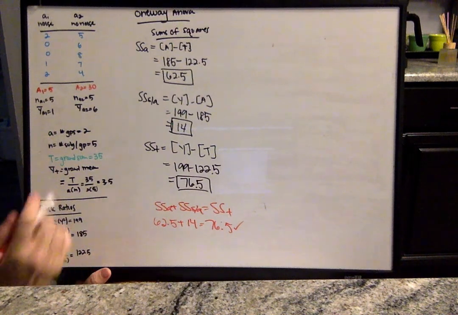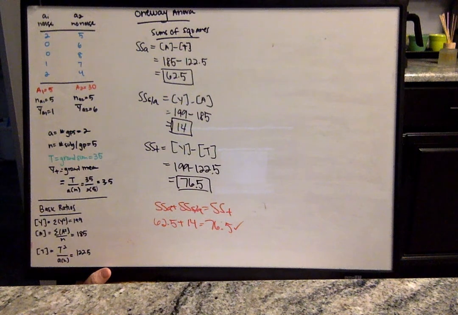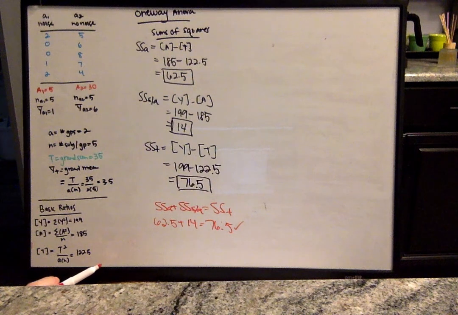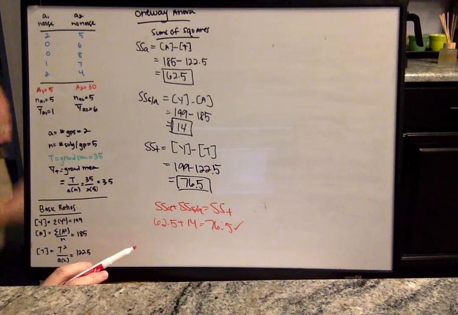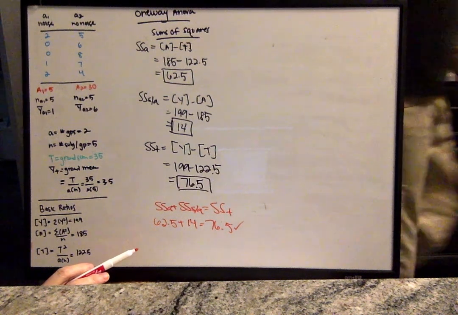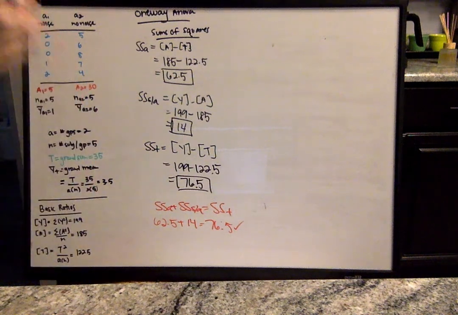The other thing that's important here is your sums of squares are never going to be negative numbers. The smallest sum of squares that you could ever calculate, and it would be very unusual to calculate this, would be a 0. You are never going to calculate a negative sum of squares. All right, so those are your sums of squares.